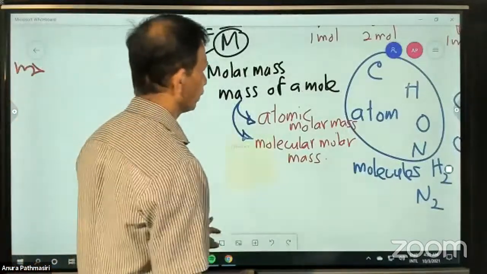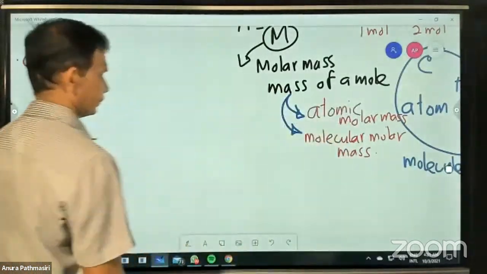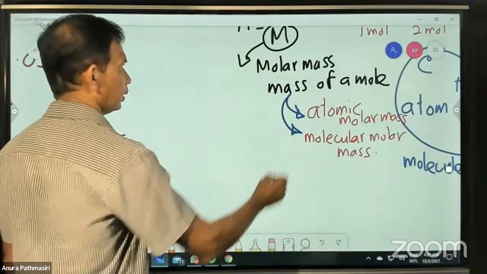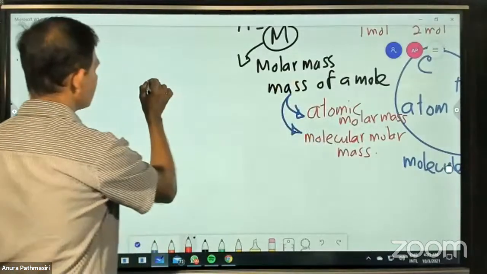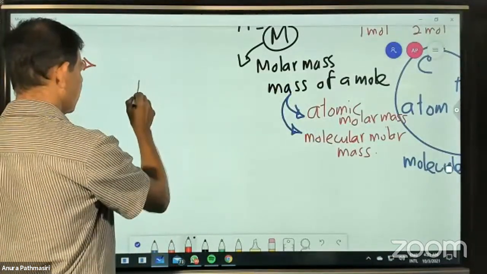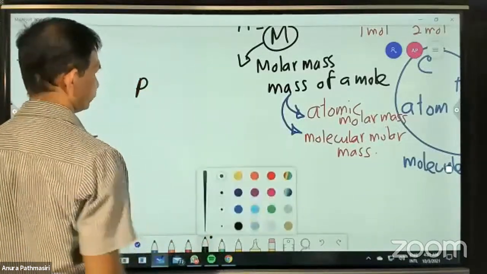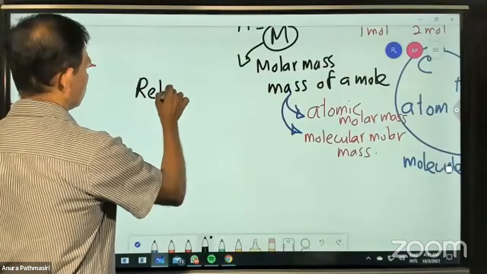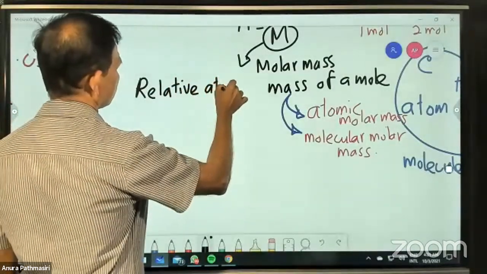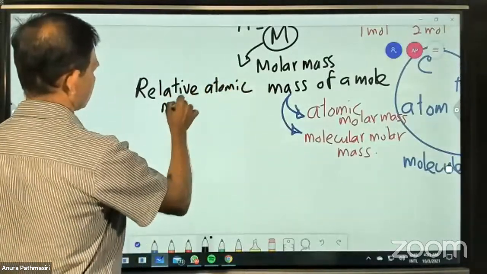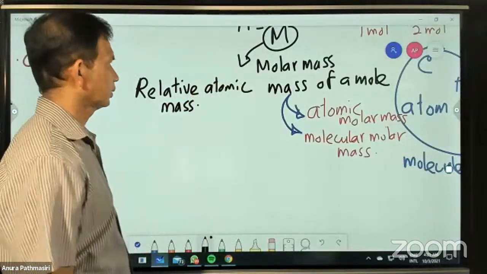So then how can you find it out? If you consider the atomic molar mass, you have to consider the relative atomic mass.